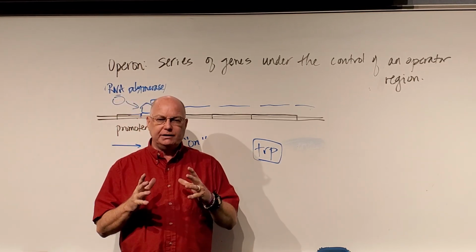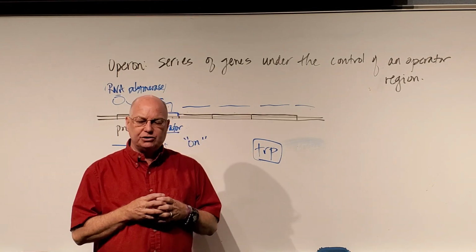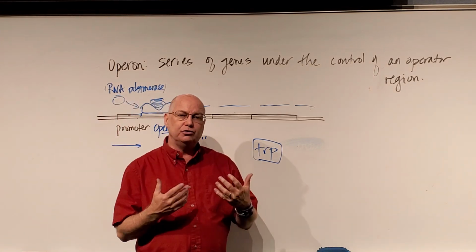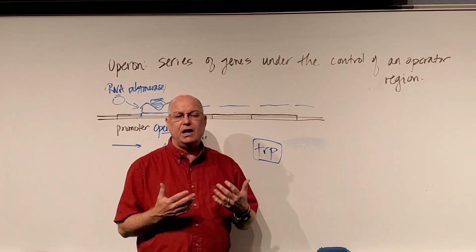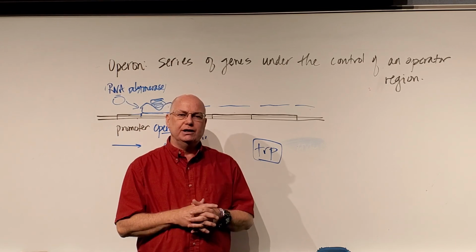So the idea of control of gene expression is an important one because it allows us some insight and maybe some biochemical controls for us to turn genes on and off at will if we wanted a particular protein to be expressed in a bacterium.